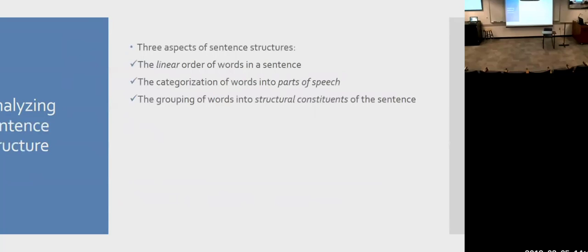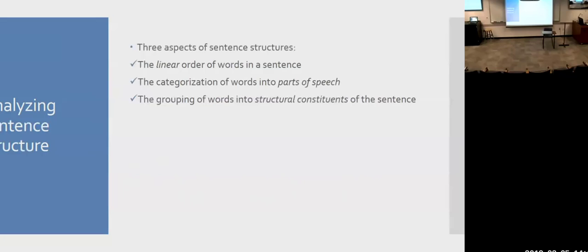Second, let us think about the categorization of the words, that is to say, the parts of speech in a sentence. This part of speech may help us understand the function of each individual word or phrase. Then the third one is the grouping of the words as structural constituents of the sentences.